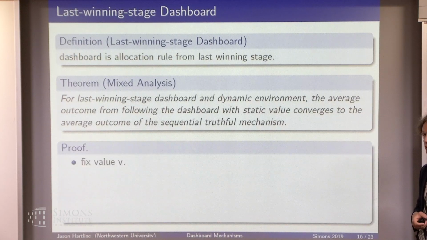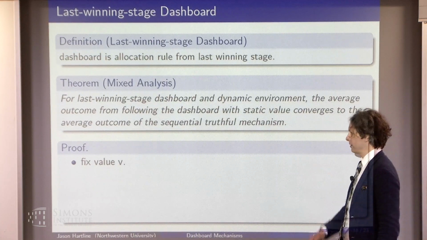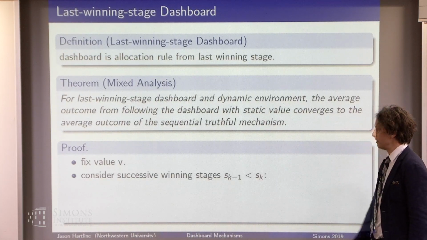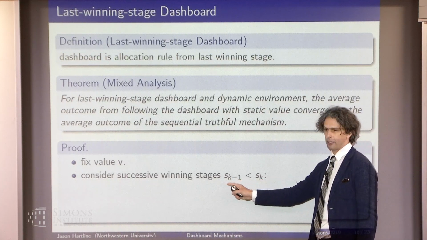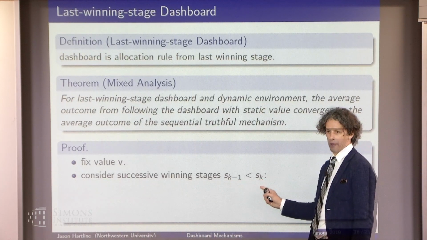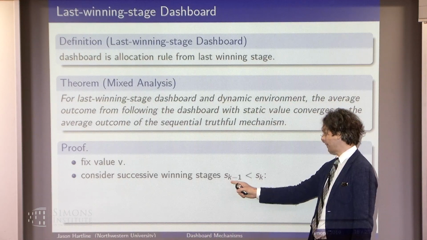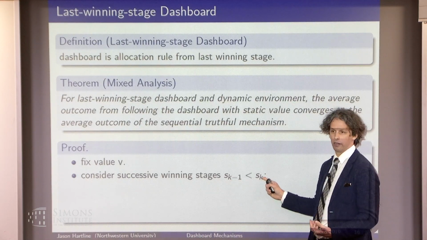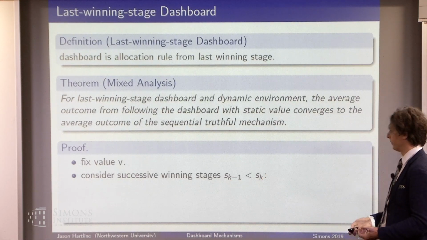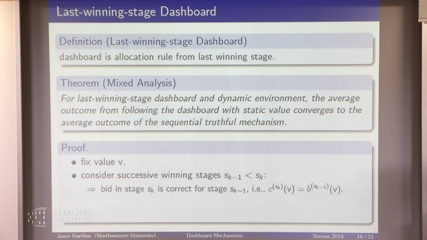Okay, the proof is simple and cute. Fix a value v that you might have. Consider successive winning stages. So I'm going to index my stages that I won by k. s_{k-1} was the last time I won, and s_k is this time I won the auction. And here's the thing.